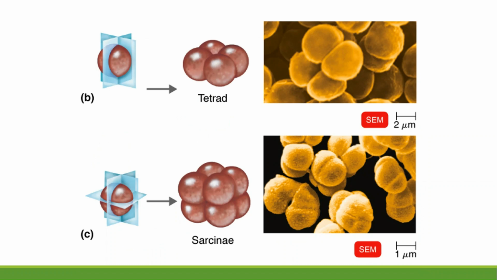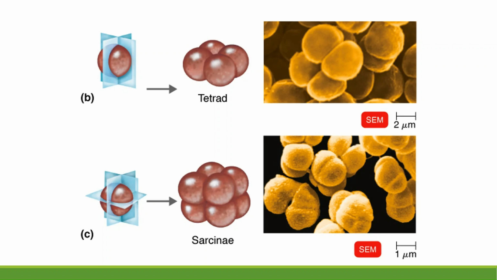Because plane of division determines the arrangement of the bacterial cells, if a bacterium divides on two different planes that intersect each other at 90 degrees, or at right angles, as in image B, this division pattern leads to a tetrad, meaning that there are 4 bacterial cells that can remain as a group.